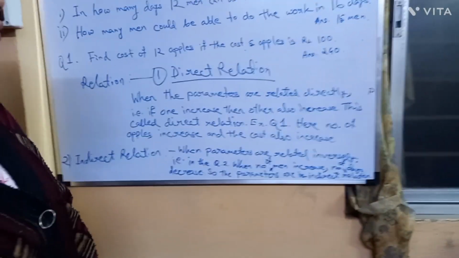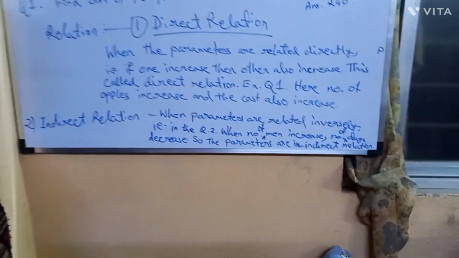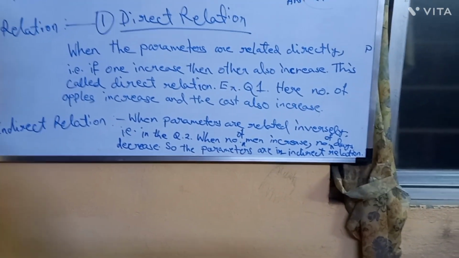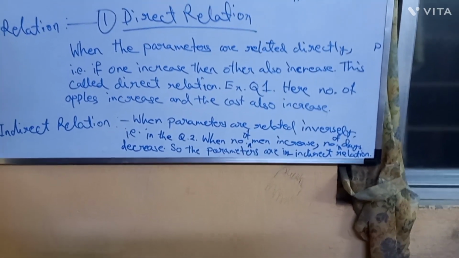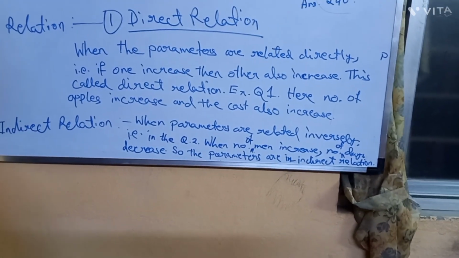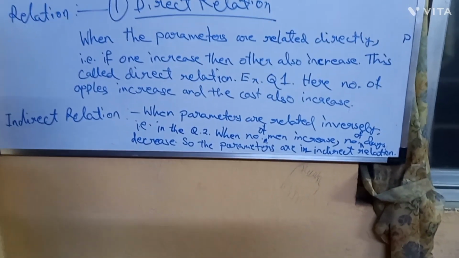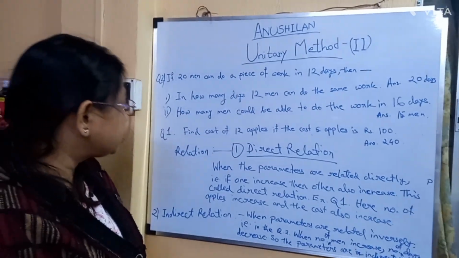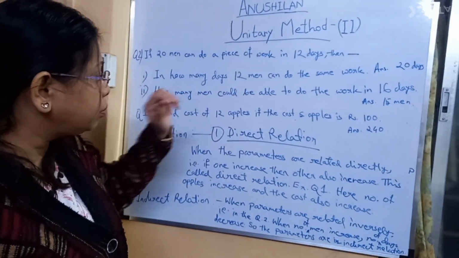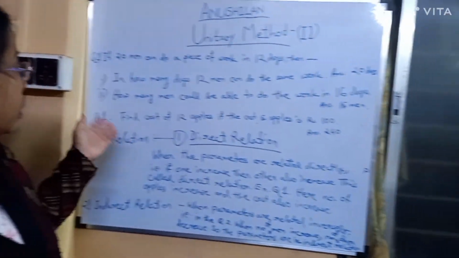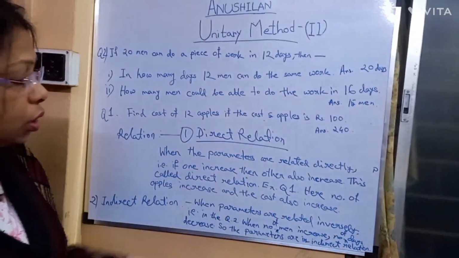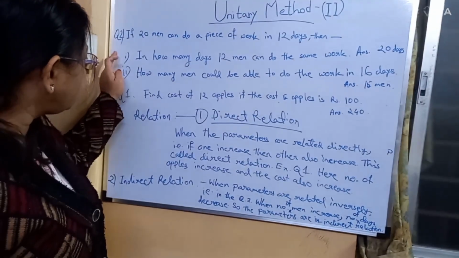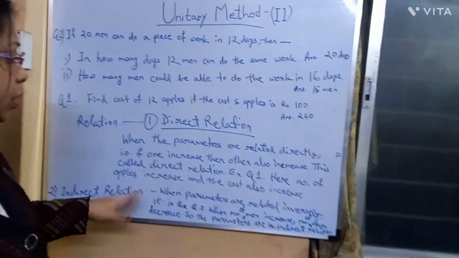When the parameters are related inversely. In example 2, when the number of men increases, the number of days decreases. That means more men will do the job early and take fewer days. And in part 2 of problem number 2, when the days increase, fewer men can finish the work. So both parts of problem number 2 are in indirect relation.